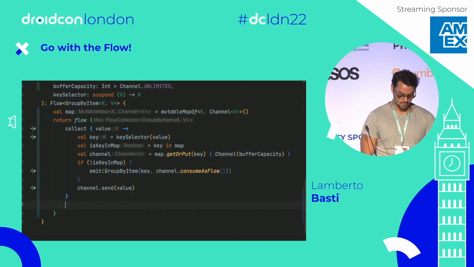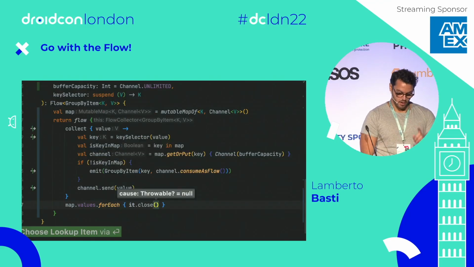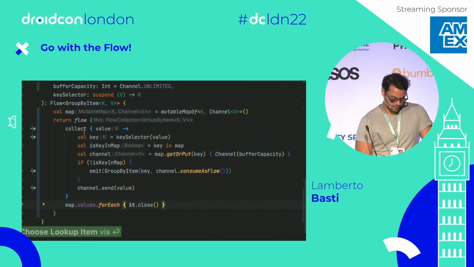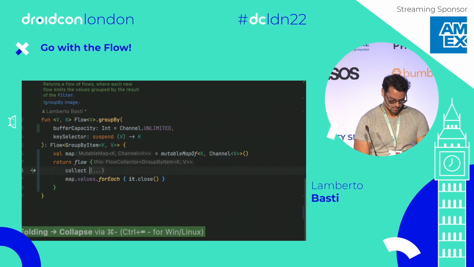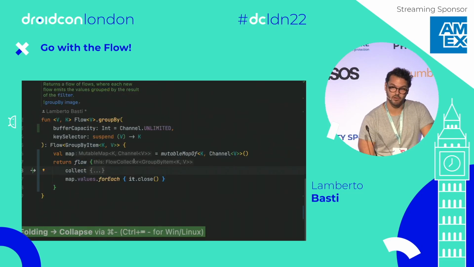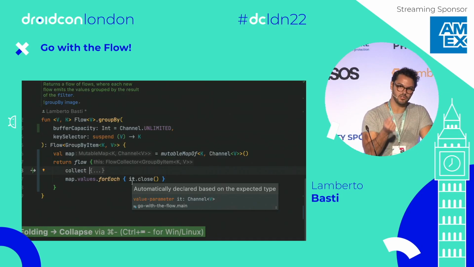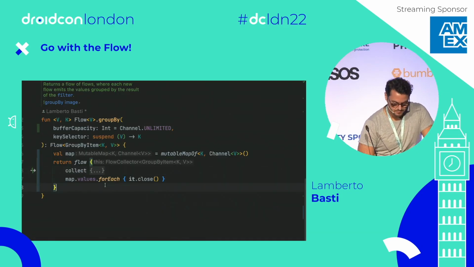But before doing that, we would like to take the map values, and for each, call close. Yes. Now, when we finish collecting stuff here, before closing the downstream flow, we will close also the generated flows.